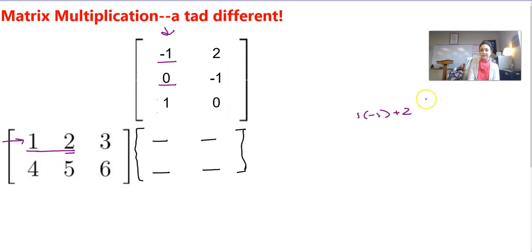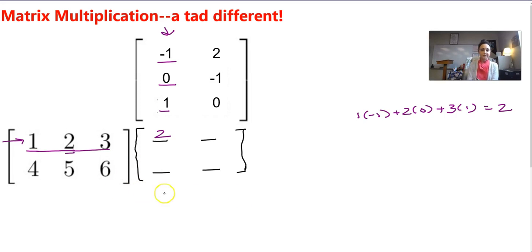So 2 times 0 plus 1 more, keep working your way in, 3 times, come to your column here, work your way down, 1. So I've got negative 1 plus 0 plus 3, that's going to be 2, and that is my first element right there. Notice this is element A sub 1,1, so I went first row times my first column, and I just worked my way in, adding those products together.